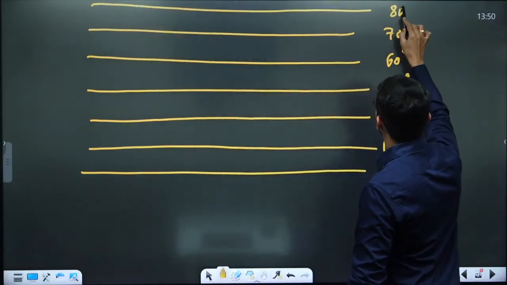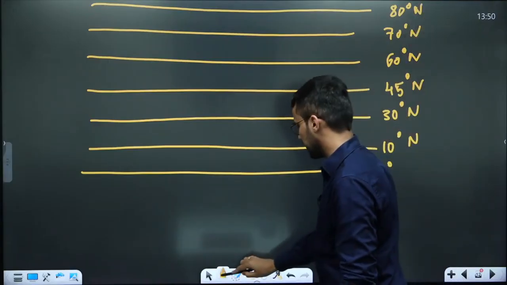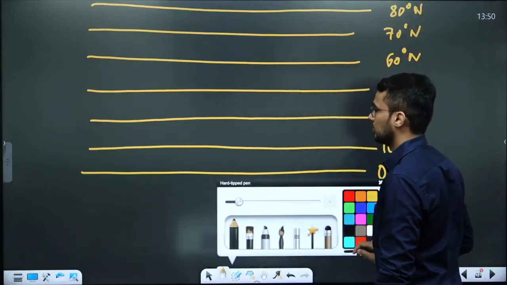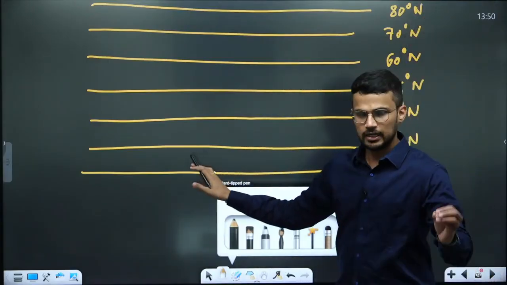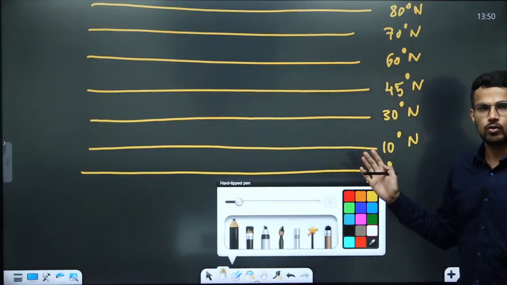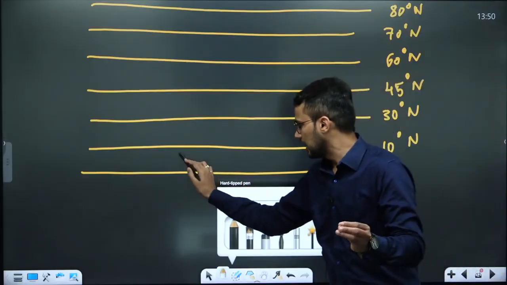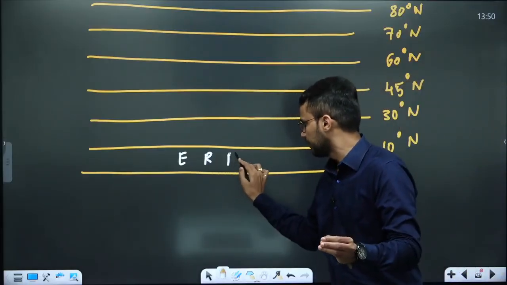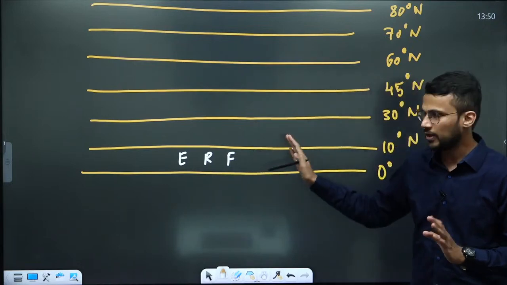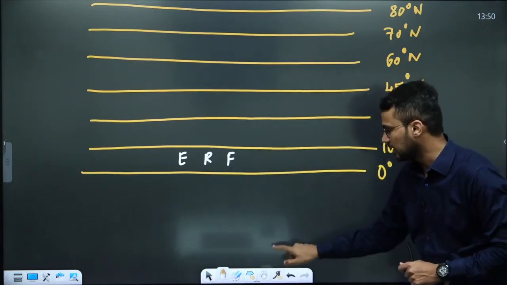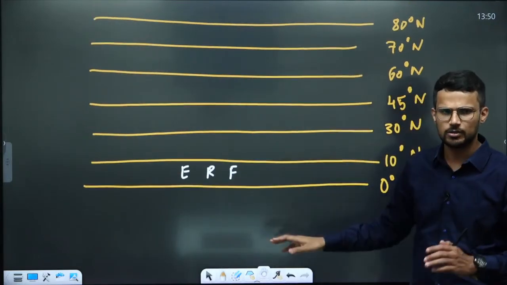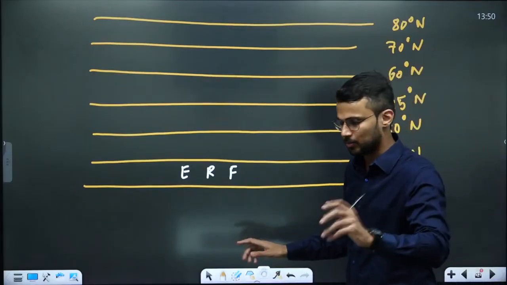90 पे कुछ है नहीं. Polar regions are there where we do not have presence of biome. So in 0 to 10 degree north, what we have? Equatorial rainforest, right? Whatever we are drawing for northern hemisphere would be true for southern hemisphere, except some exceptions.